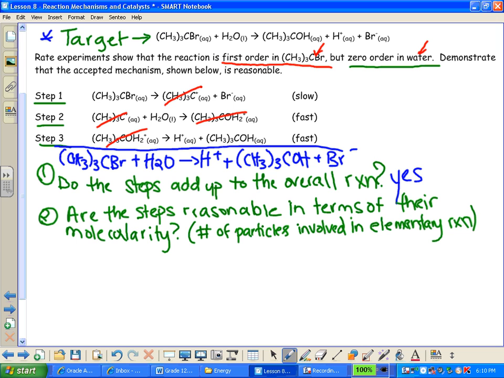We have something called unimolecular, bimolecular, and trimolecular. If you only have one reactant, the chances of reacting are pretty high. If you have 2 reactants, the chances of them hitting each other at the exact orientation and occurring is usually pretty high.